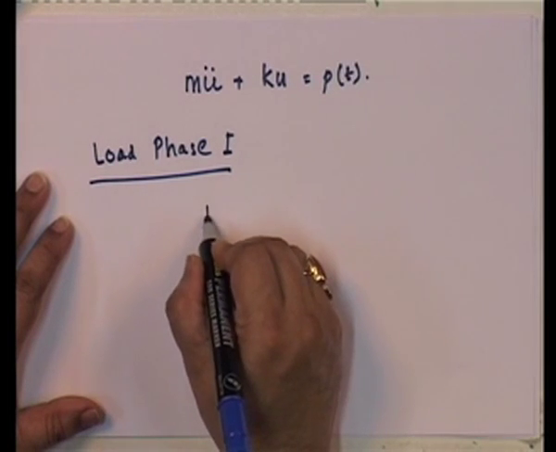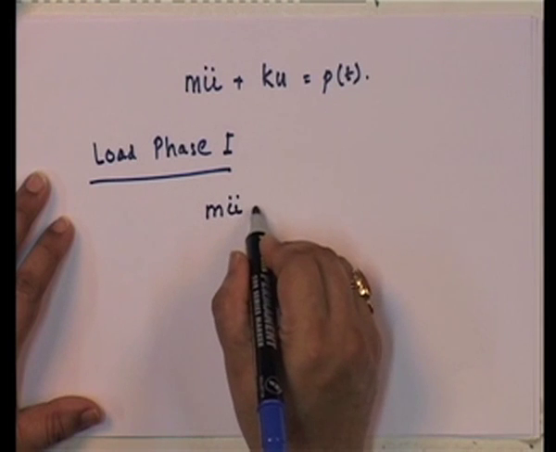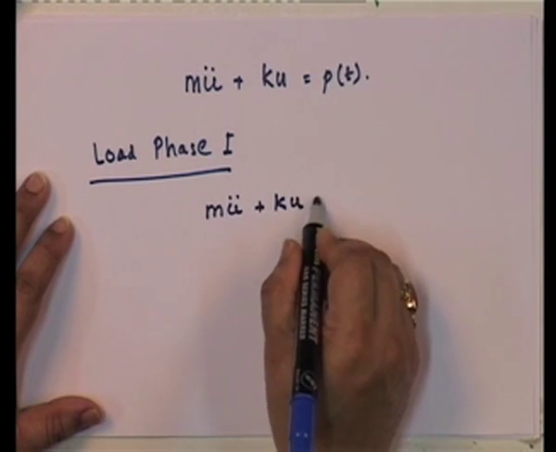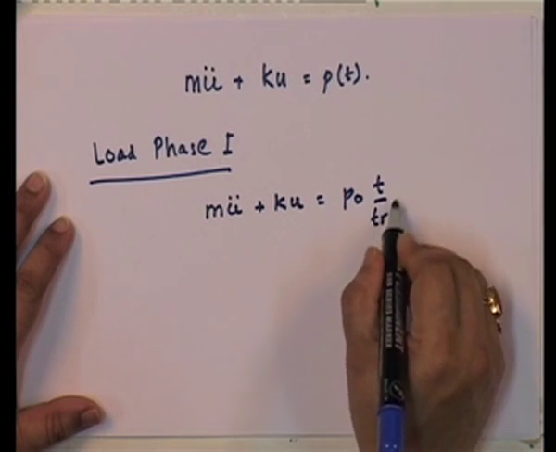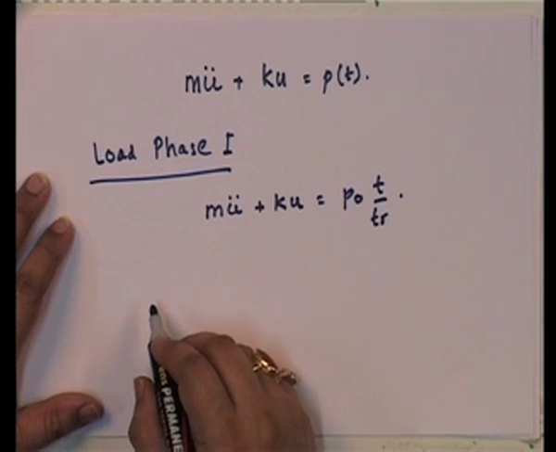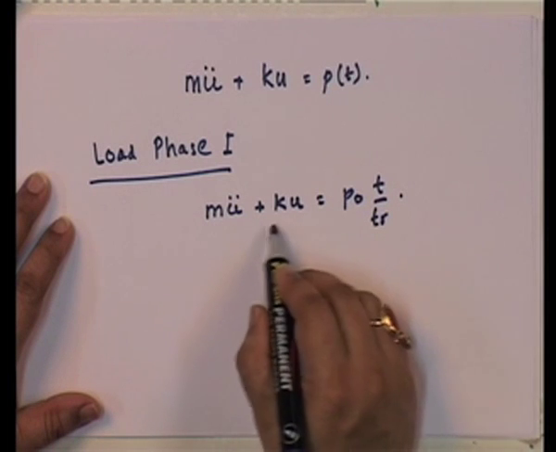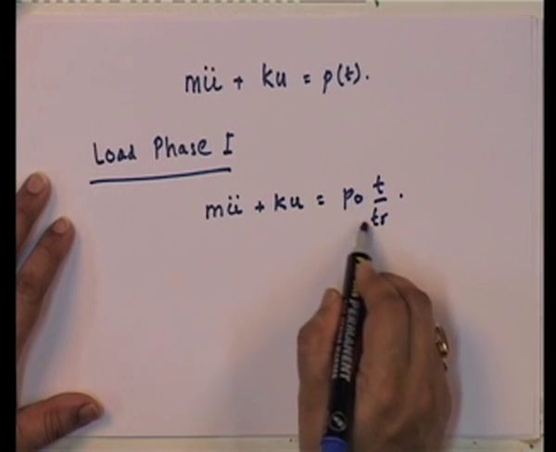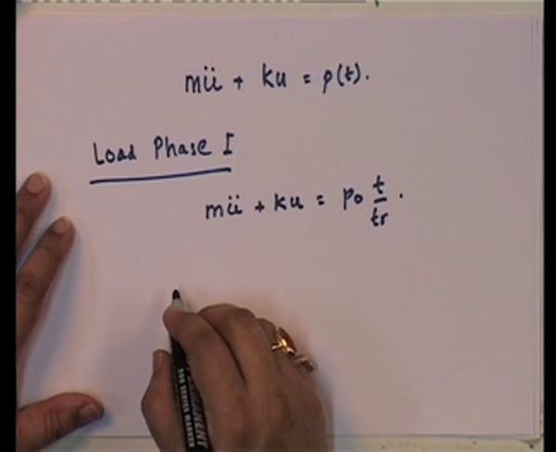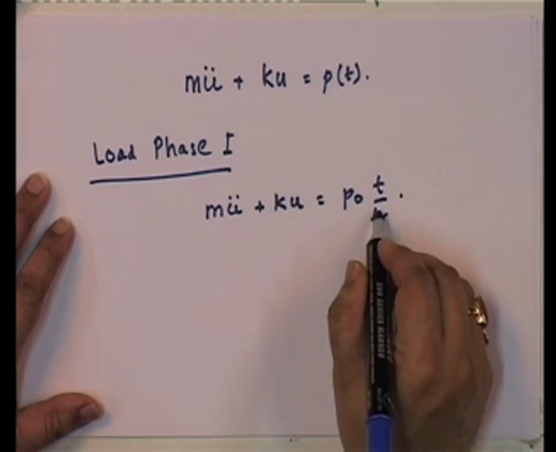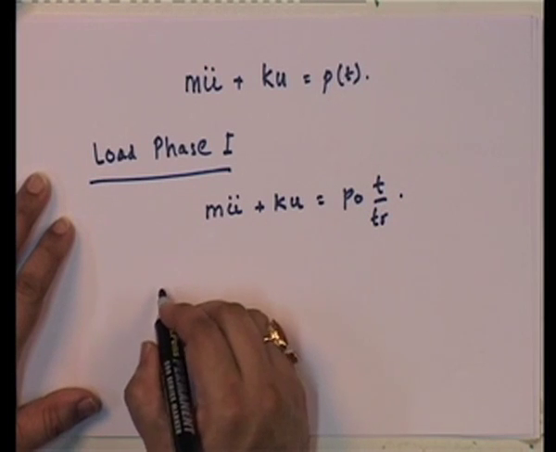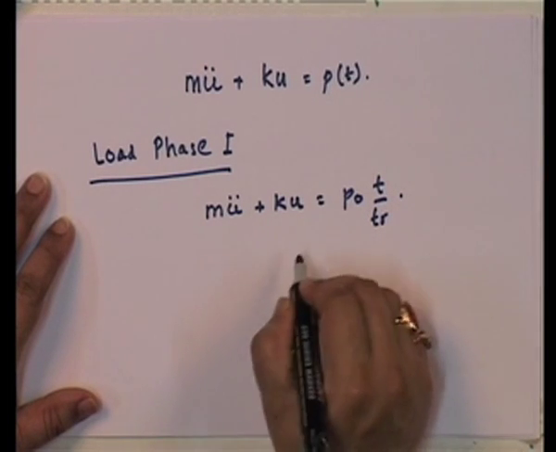You are solving m u double dot plus k u is equal to P naught t upon T r. And if you look at it, the particular solution is really P naught upon k into t upon T r. And so, without going into too many details, since this is of t upon T r, the cosine term will have 0.